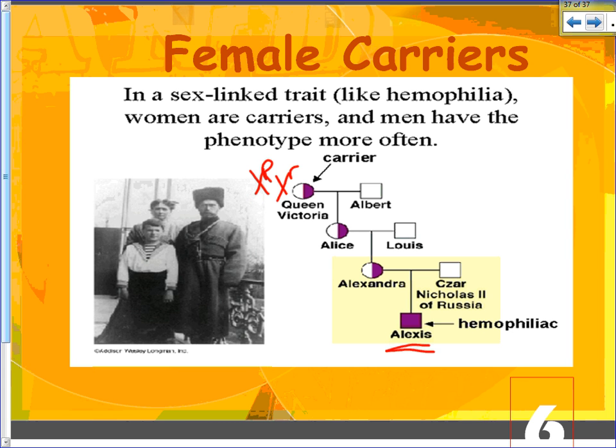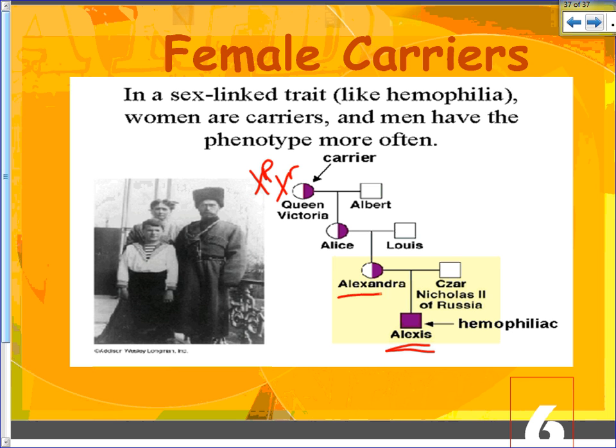And more often than not, with sex-linked traits and sex-linked diseases like hemophilia, it's the sons that pay the price because they only get their X from their mother. So Queen Victoria had a 50% chance to pass it on to her son.